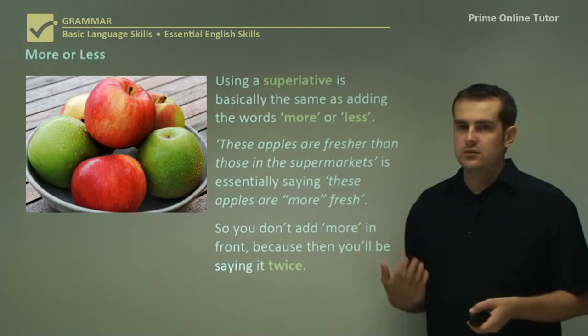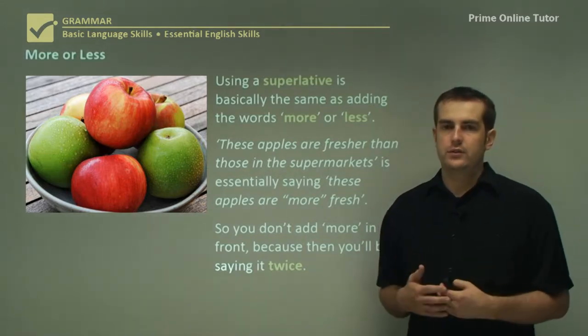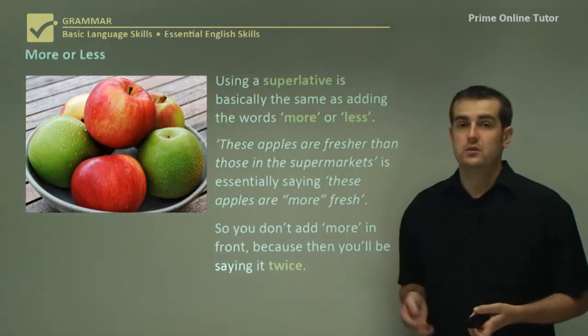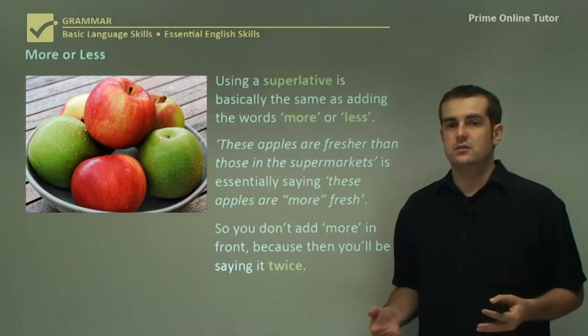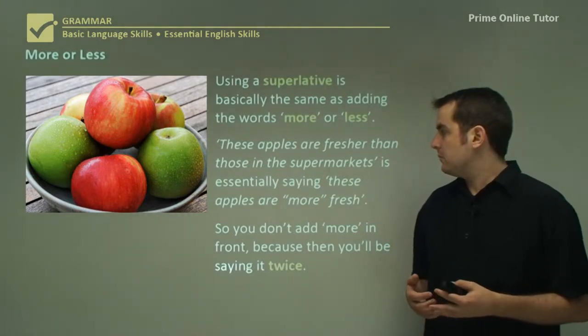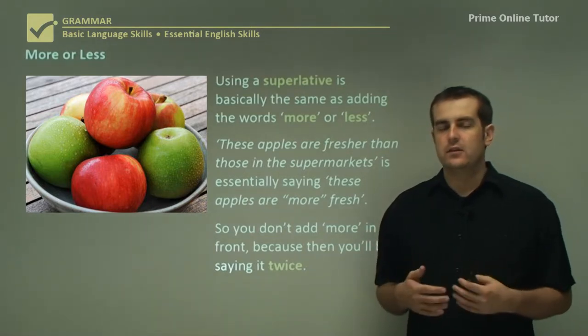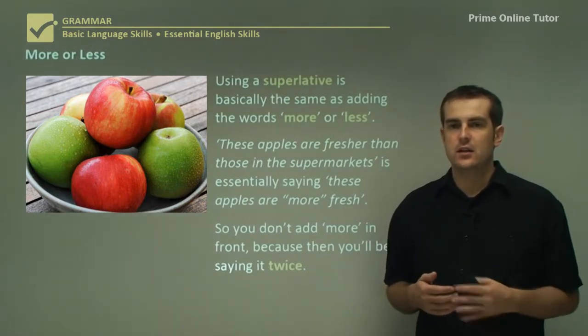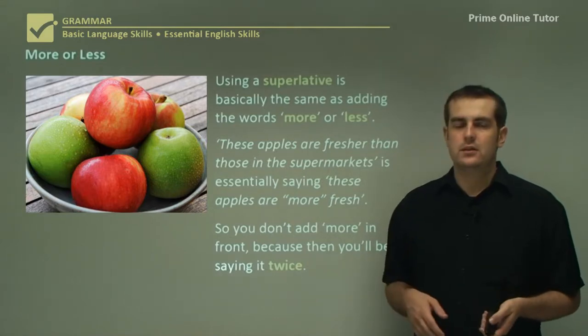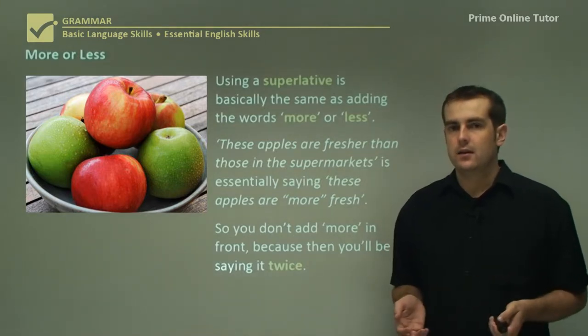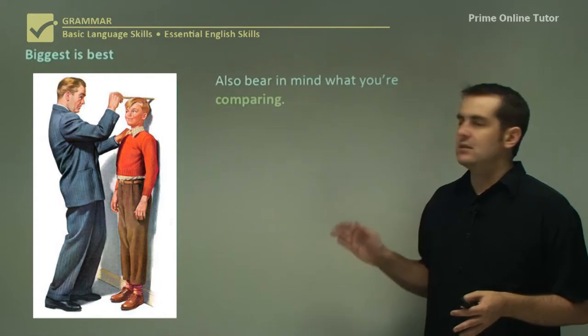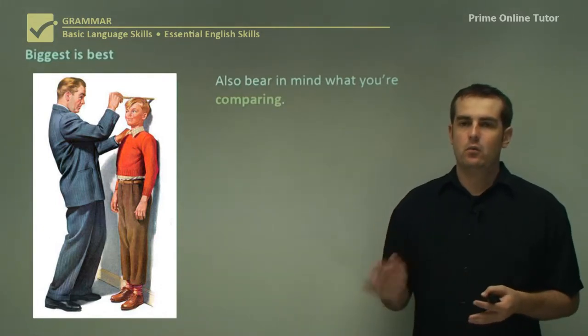So what you need to do instead is just focus on what the purpose of it is, and then discuss it based on that. You can really just come up with some very simple comparisons using it, and that's mainly what you're doing with these anyway. It's nothing too complicated. All right, let's have a look at the next bit. Biggest is best. Bear in mind what you're comparing.